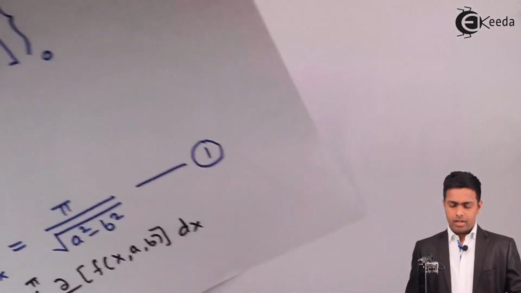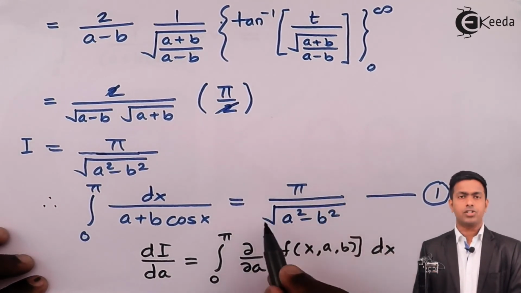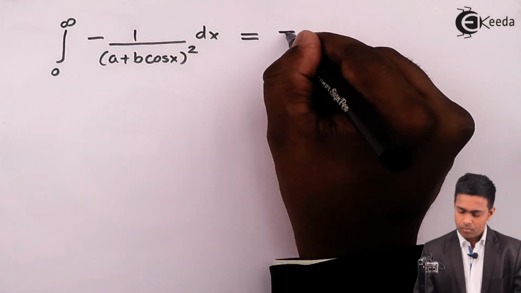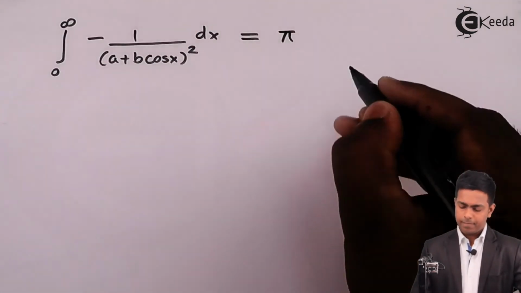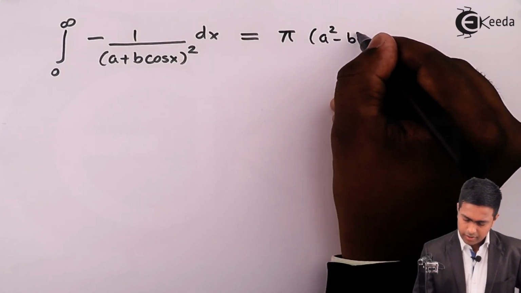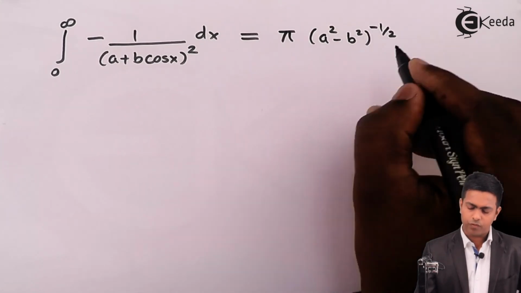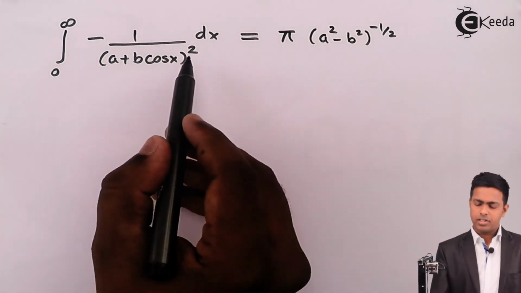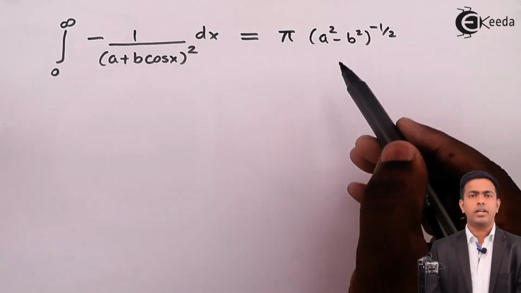equals, and here we will differentiate this function with respect to a, so pi is outside, and the differentiation of this will be a square minus b square raised to minus half. So first of all I write down the function and then we'll differentiate. Here I've just differentiated on the left hand side, and here I've taken the denominator to the numerator.